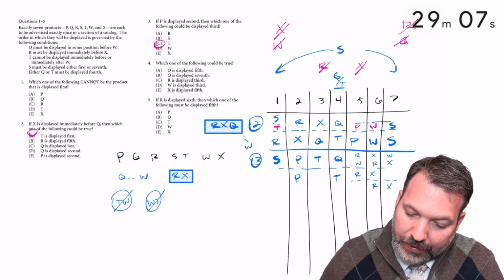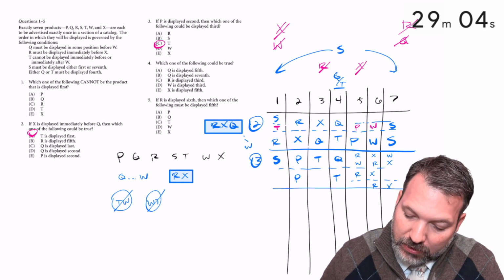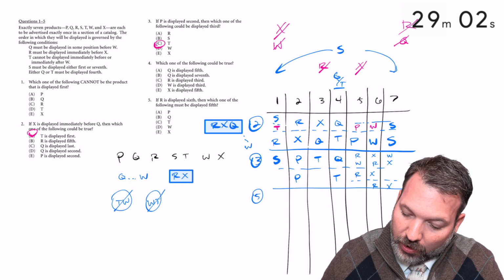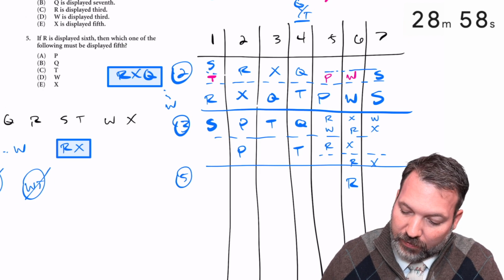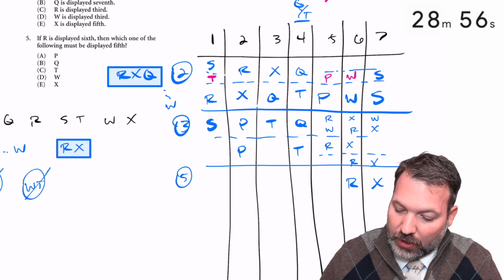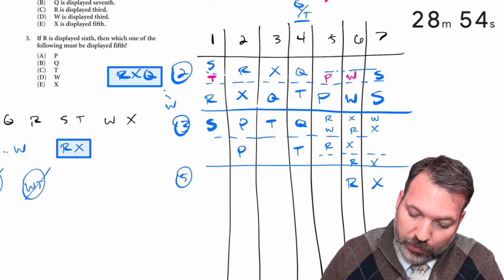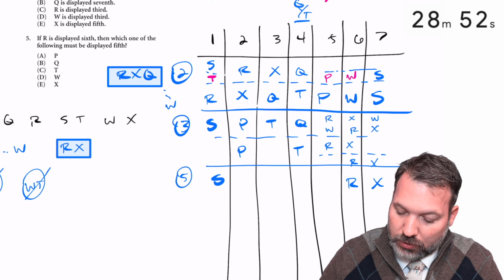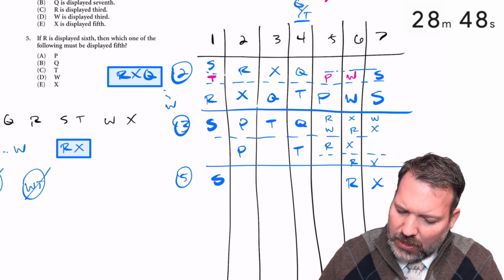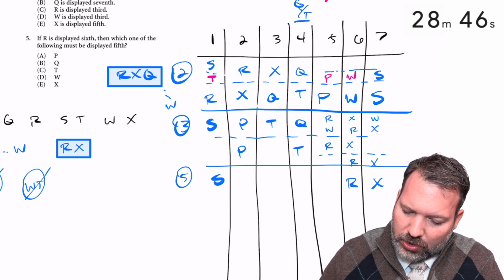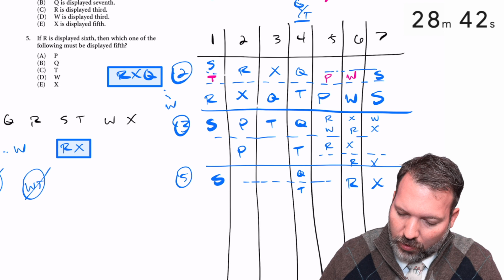Okay. Number 5, our next specific question says if R is 6th, which one of the following must be displayed 5th? Well, X clearly has to follow R, which means S is going to have to go first. And then it's either Q or T going 4th.